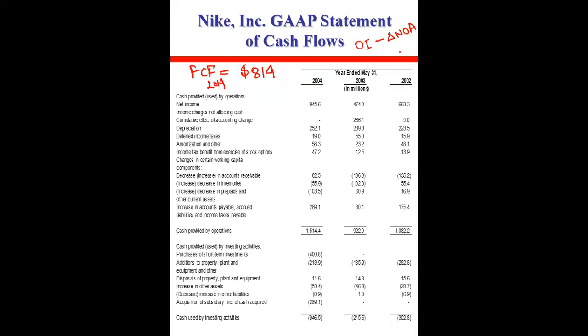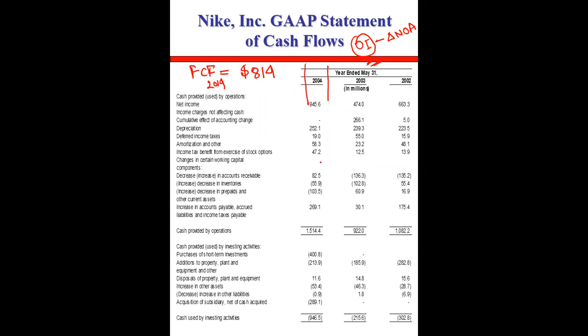You see that this is the cash flow statement of Nike, which is prepared based on the GAAP standard. And do you see any item which looks like the cash flow from operating activities from this statement? If you look at this number, write the number in the chat box. We are talking about 2004.